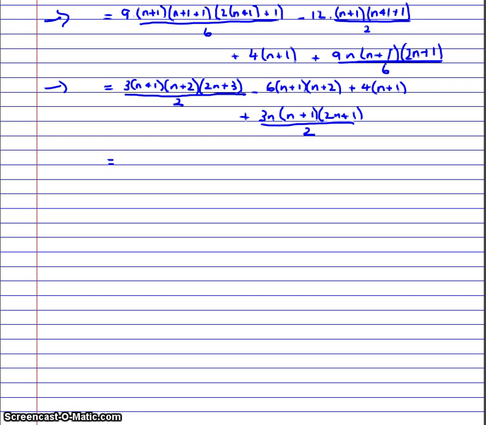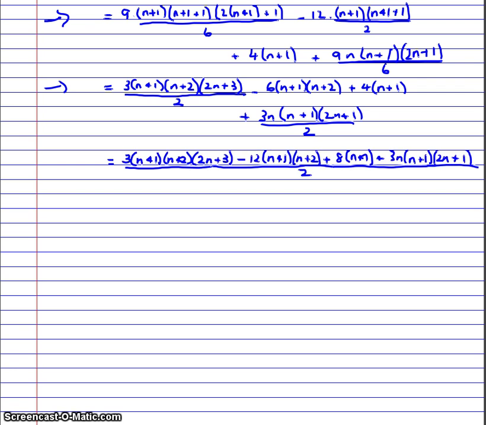Okay, so we'll need to get a common denominator here. We've got 2 and 2, and those other 2 terms we need to have 2 as well. So that's done there with a common denominator of 2. You could expand completely and then collect any like terms, or we could take out a common factor, and we can see there's a common factor in each term here of n plus 1. So we'll take that out and then expand and simplify the remainder of it.